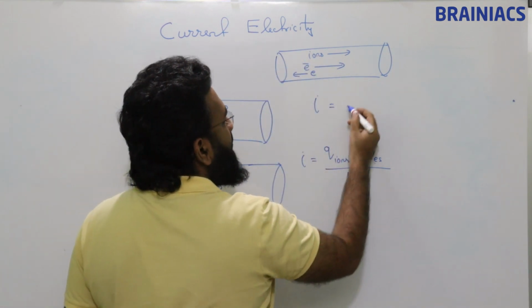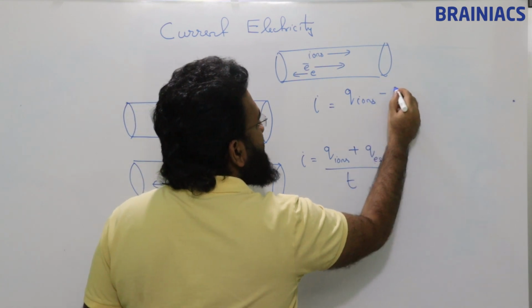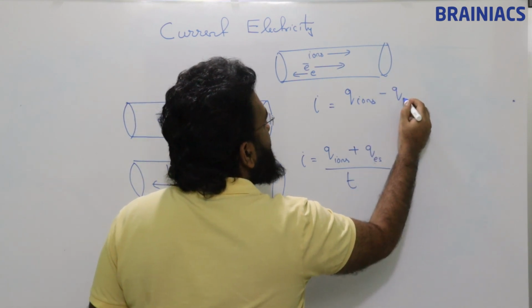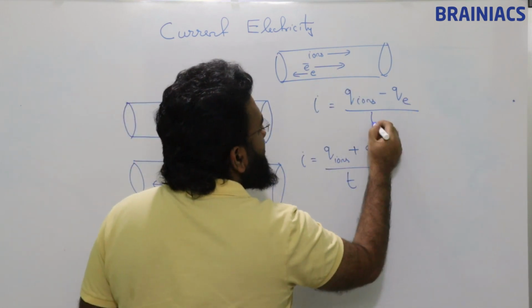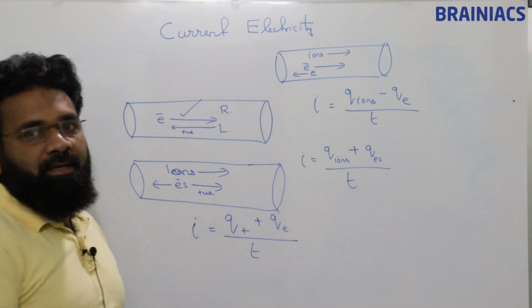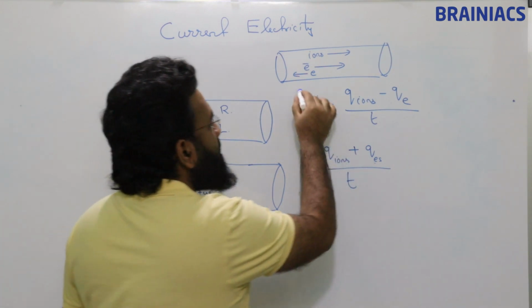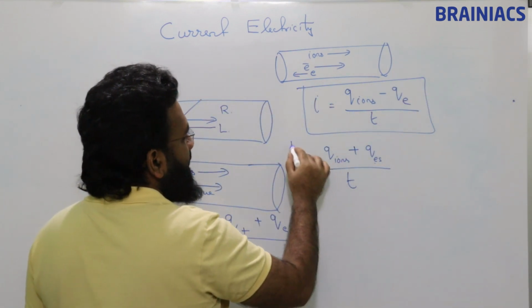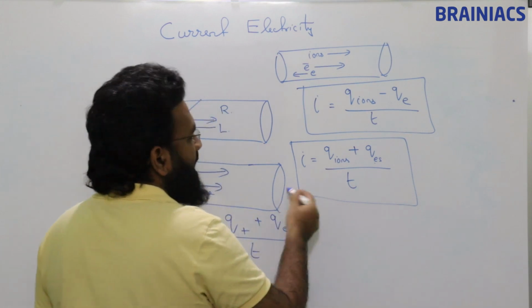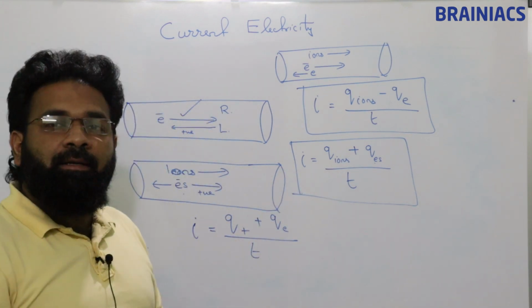So that time current will be the charge due to ions minus the charge due to electrons divided by T. Why have I taken minus? Because their directions of currents are different. So this also we need to consider. If the directions are the same for both the positive charges, then we can add them and take.